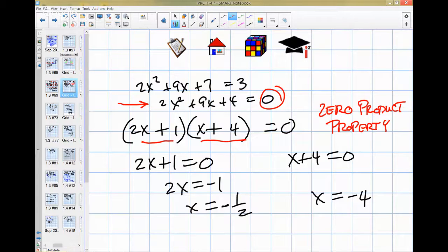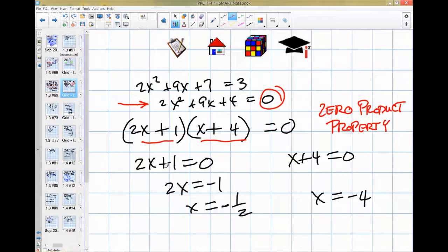So anyway, don't worry, we're not going there. But second degree, you might have 2, you might have 1, you might have none, but 2 is now a possibility. Here you can see we got 2 answers. You can go in and check them, and you'll see they both work.